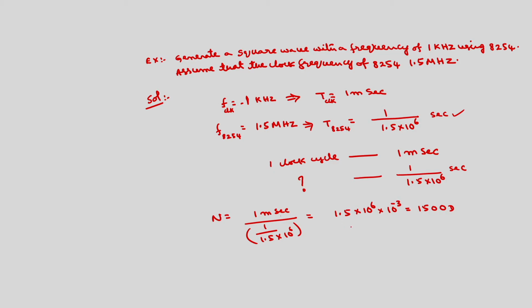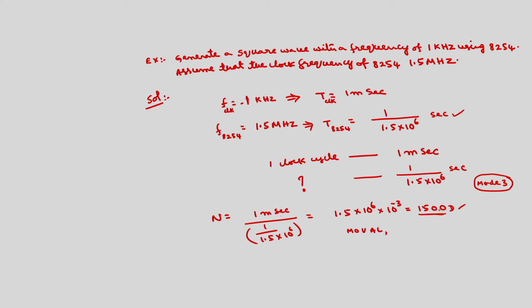The program for this one will be: move AL comma, what should be the control word? Because I am using it as a BCD counter, I am using mode 3, and the count is 16 bit. Okay.